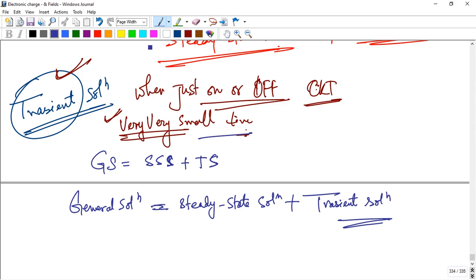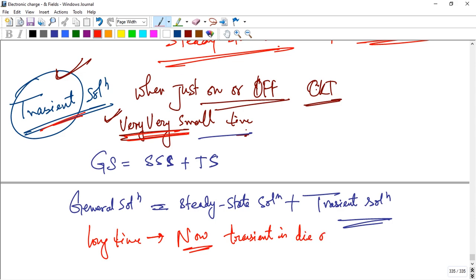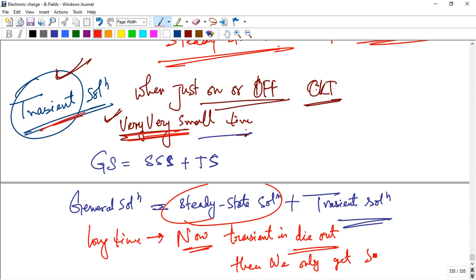The transient solution appears only for a very small time; when time is long, the transient dies out and we only get the steady state solution.